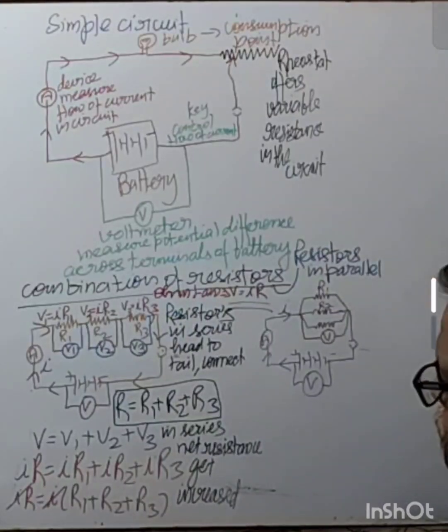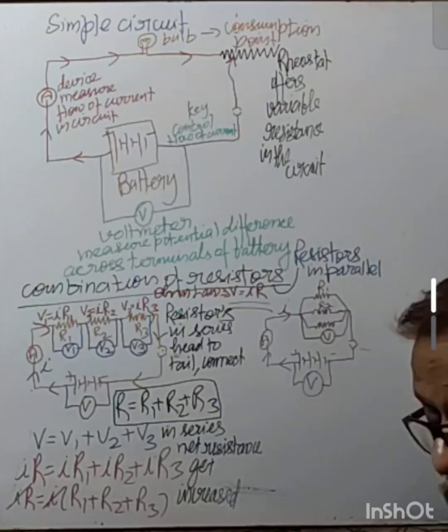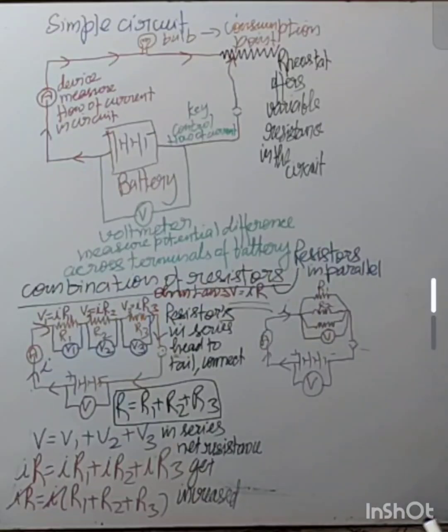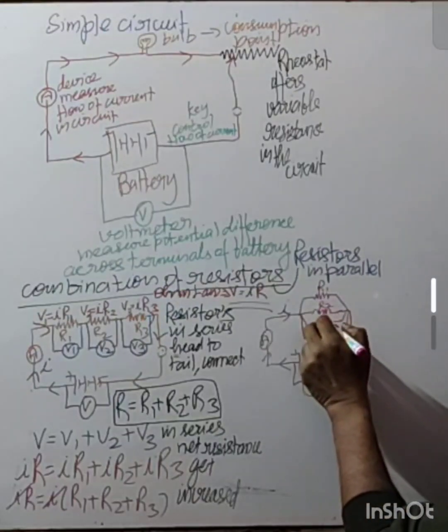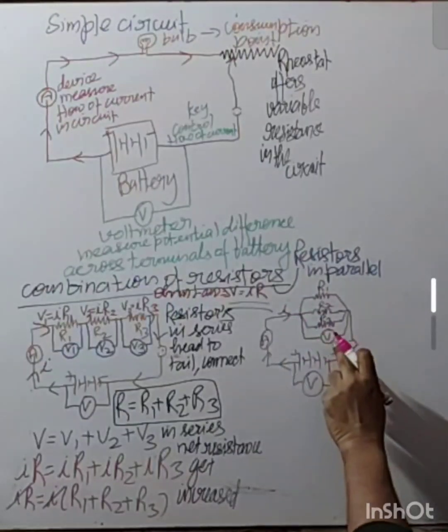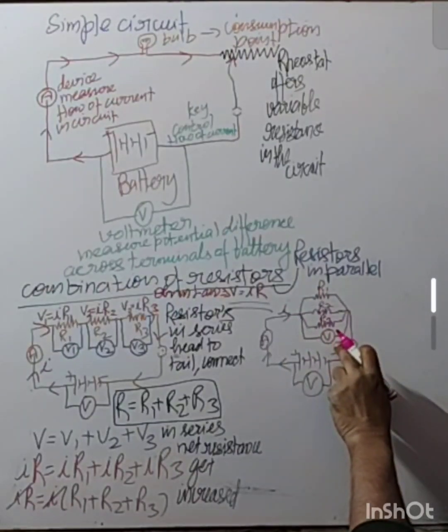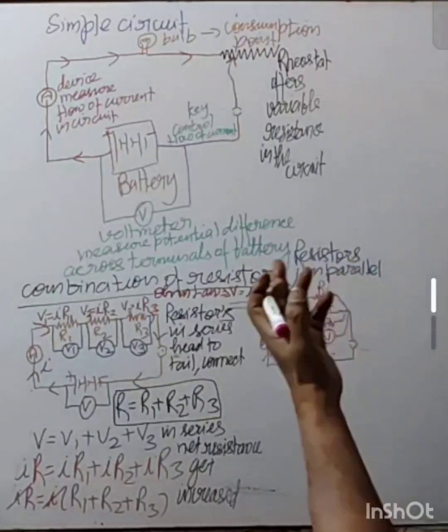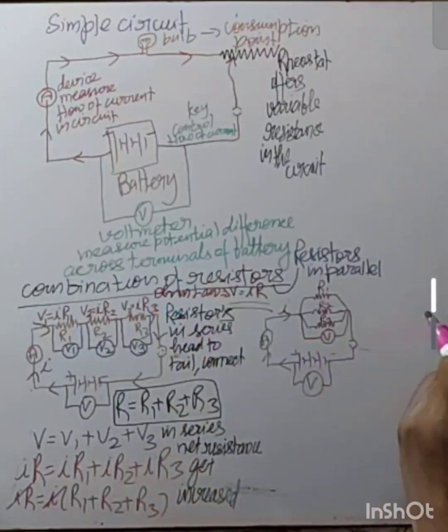Now, what we do? This is R3. Potential difference is the same, and resistance is fixed, so current is varying.